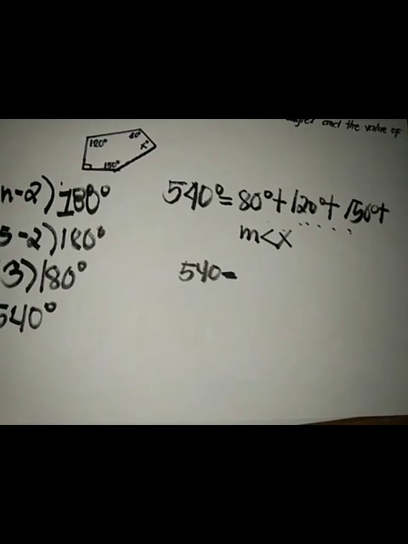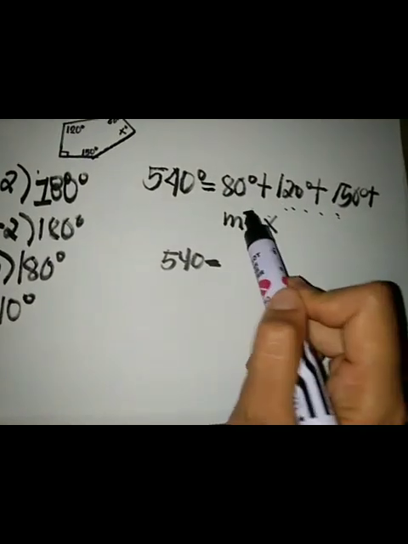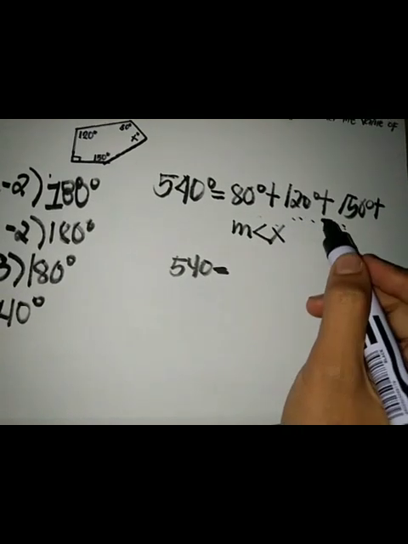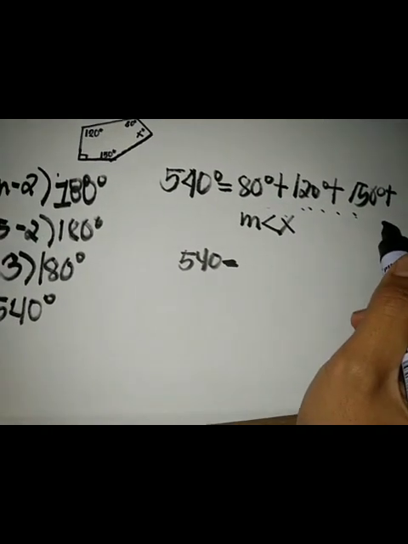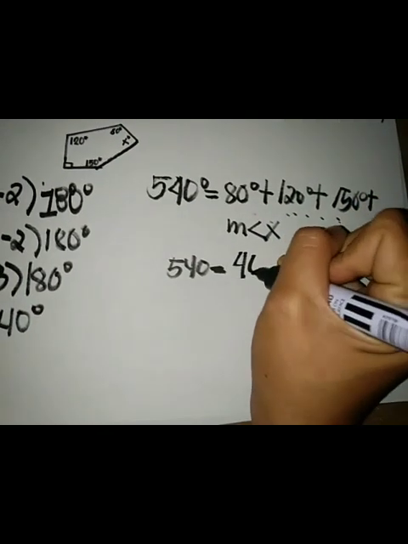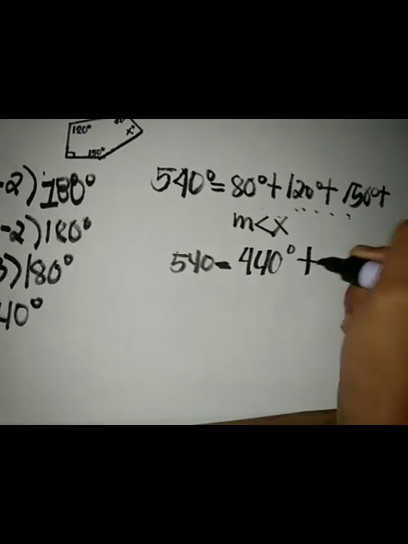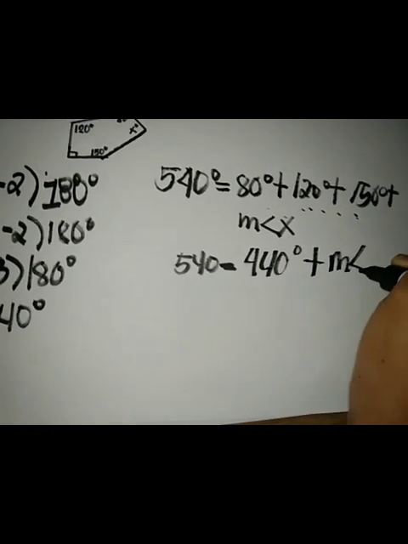So combine the similar terms. 80 degrees plus 120 plus 150 degrees is equal to 350 degrees, plus m angle x.